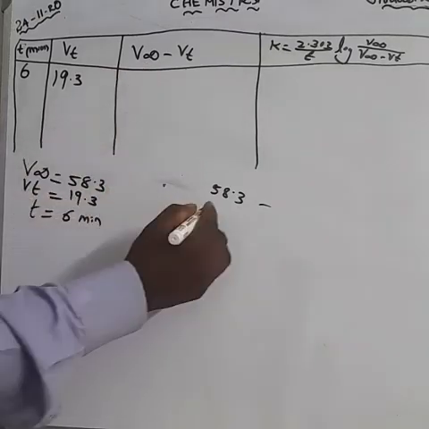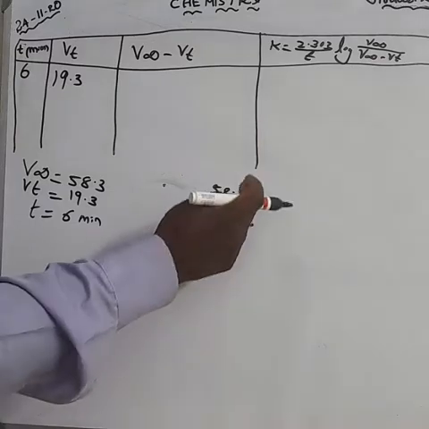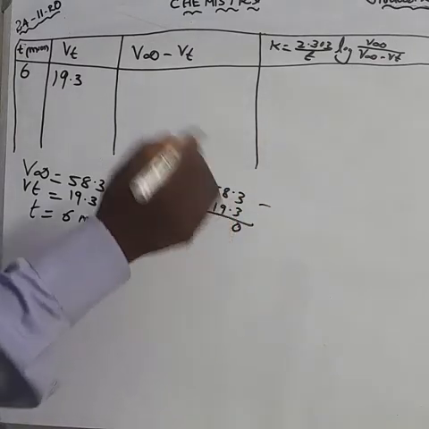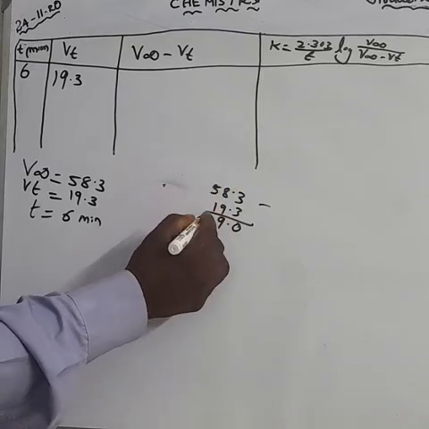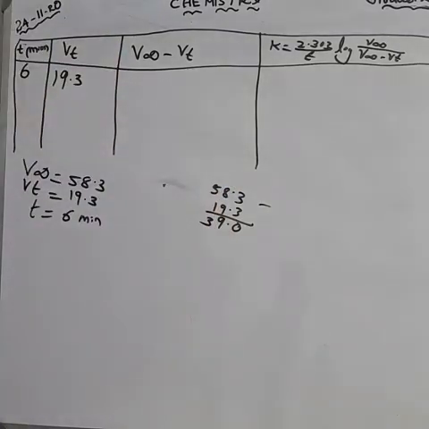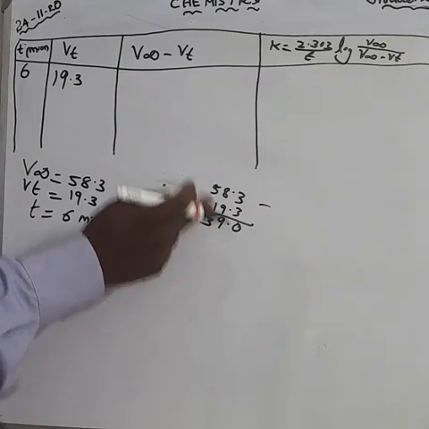Vt value is 19.3. When we subtract, 3 minus 3 is 0, 8 minus 9, borrowing, next 4 minus 1 is 3. The answer is 39.0. Clear?